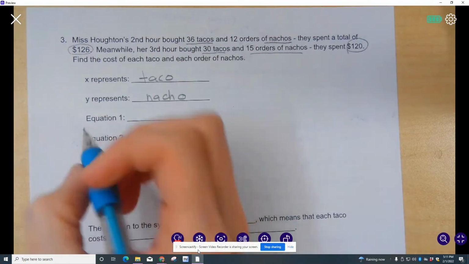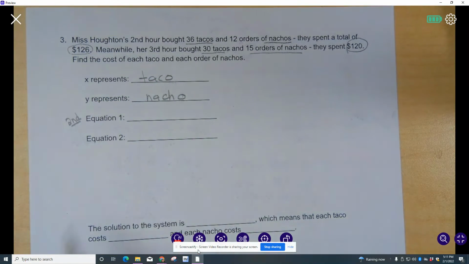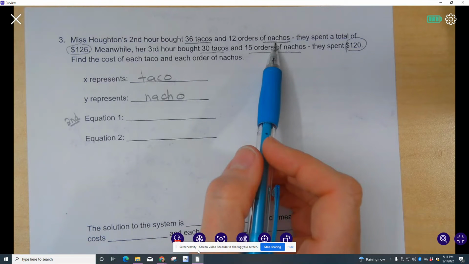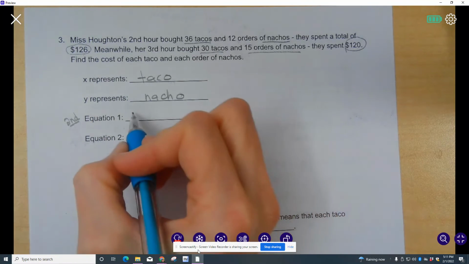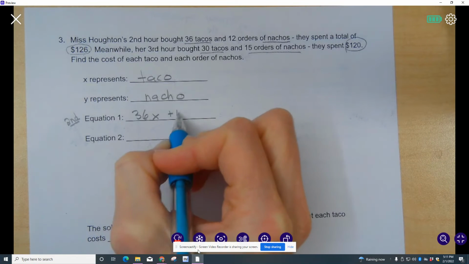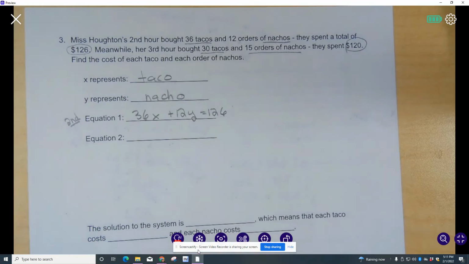Okay, so the first equation we're going to write is for her second hour. It says her second hour bought 36 tacos and 12 nachos and spent $126. So they bought 36 X's and 12 Y's and spent $126.